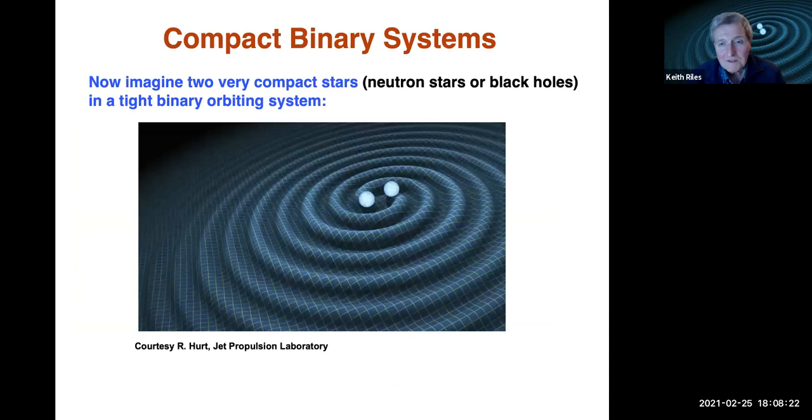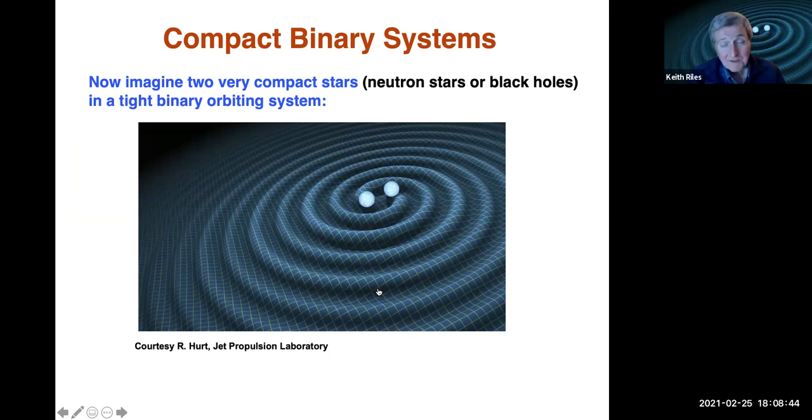Now, I just described a relatively static system of the Earth going around the sun. The Earth goes around the sun at roughly 10⁻⁴ of the speed of light, and that's pretty non-relativistic. But you can have a much more extreme system like two neutron stars, as depicted here and as depicted in my Zoom background, that are going around each other much faster than that.